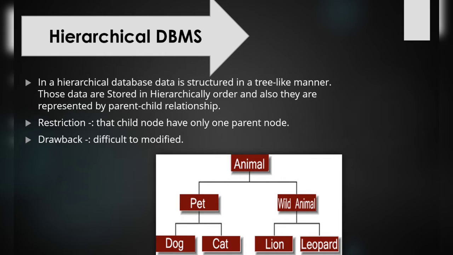But before this, let me tell you that the hierarchical model arranges the records in a hierarchical manner, like an organizational chart. In this model, each record type is also called a node or a segment. A node represents a particular entity.